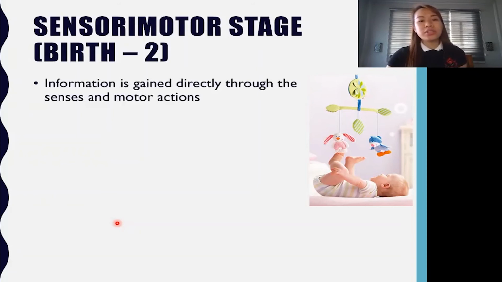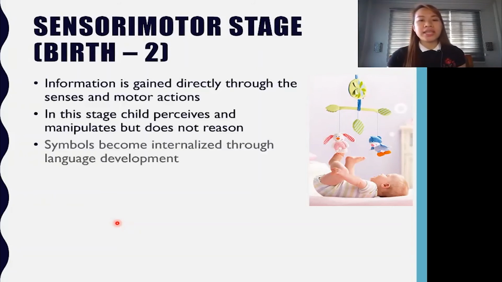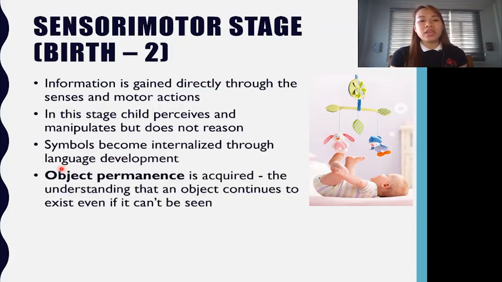So, in the sensory motor stage, as I've mentioned earlier, isa-isahin natin, information is gained through the senses and motor action, and the child will perceive and manipulate, but they do not know how to reason out yet. Makikita lang nila, they like the colors, the texture, and symbols become internalized through language development.